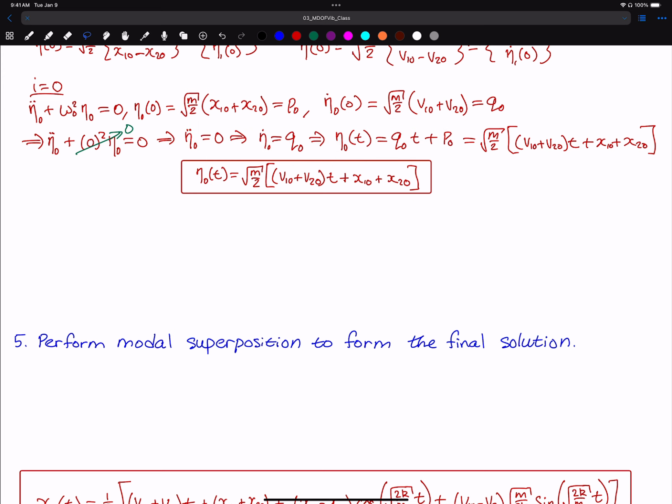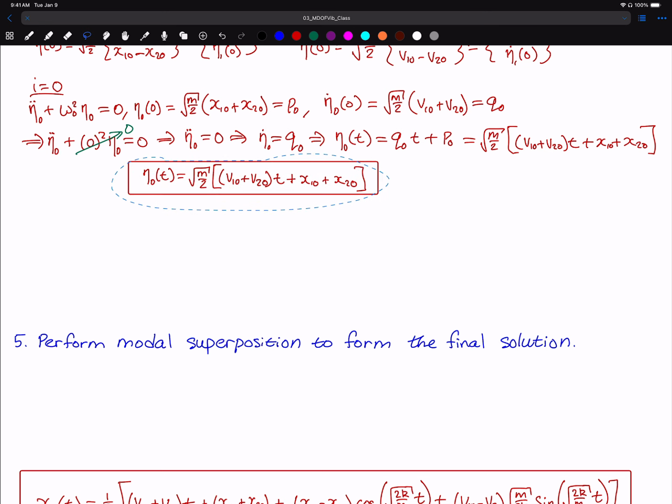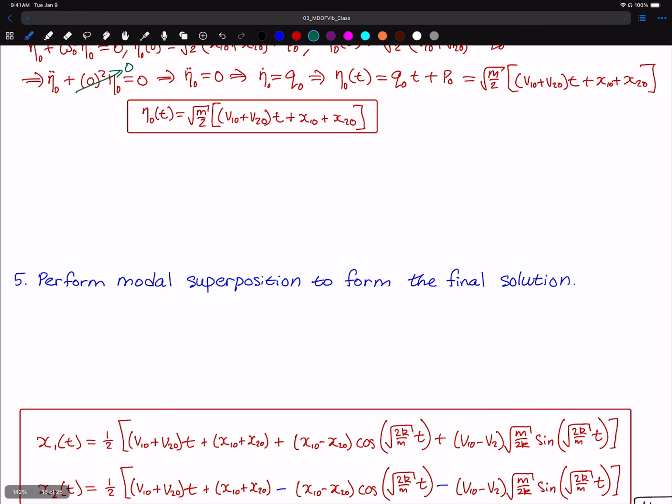So what we're going to get here, I'm just going to drag it over a little bit more. We're going to find that the RBM is going to cause the system to move horizontally for all time as a rigid body. Both masses are going to move the same distance for all time, or at the same velocity.